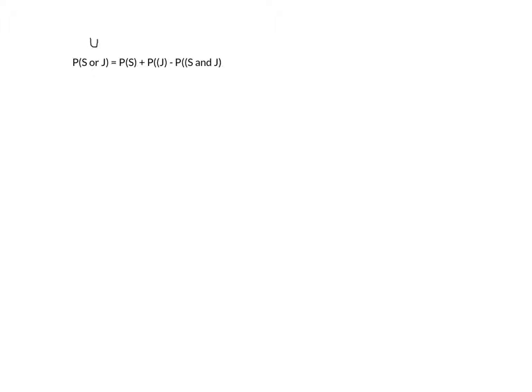In this case, you've learned to add their probabilities together, but then you must subtract the intersection. Because if you don't, then you've counted those that were both students and had a job twice, because they were a part of the student probability and they were a part of the job probability. So we know from the given information in the problem that the probability that the person selected is a student is 0.56.